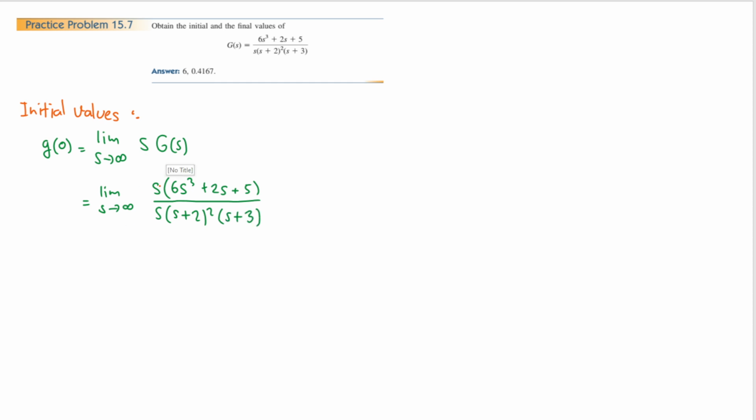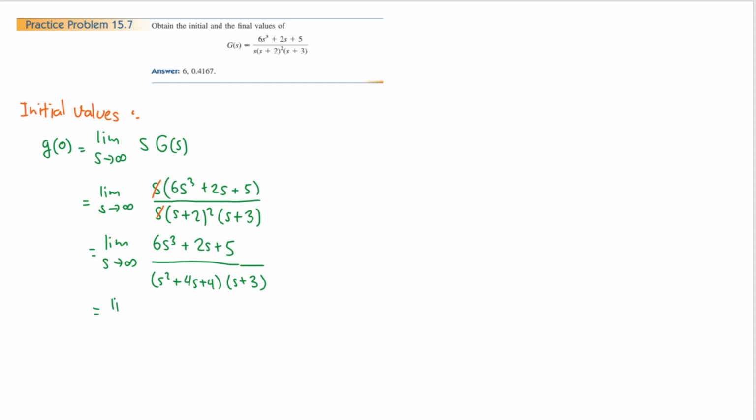We can cancel out this s here, and then multiply out all the denominator. So the limit as s goes to infinity of 6s to the third power plus 2s plus 5, divided by s squared plus 4s plus 4, times s plus 3.